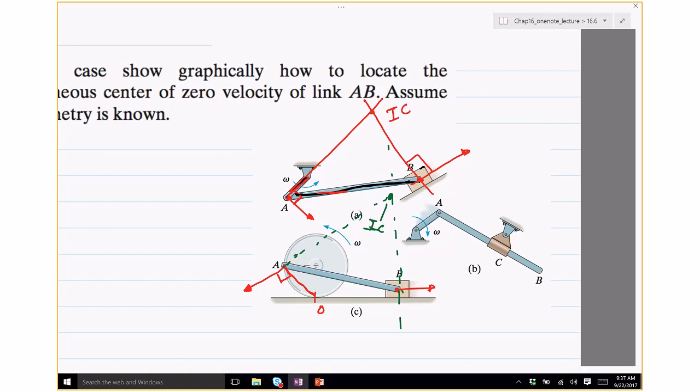Once you find the direction of velocity of B and velocity of A, draw the normals. I think they can be wrong. Wouldn't the normal of A end up being like B? This is wrong. Hold on, I did it wrong.